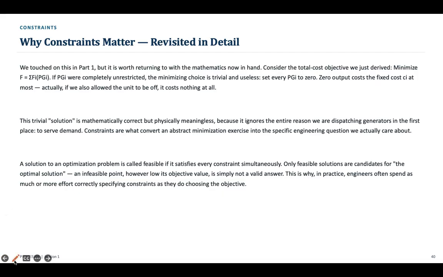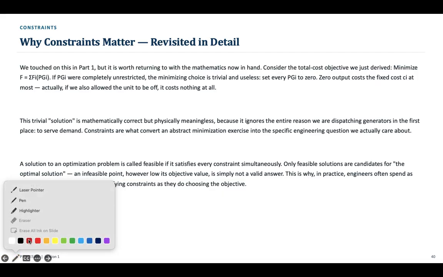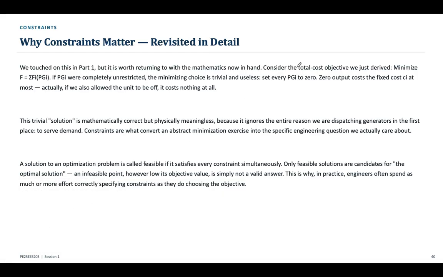Okay, I'll just take this pen. You can see here, the total cost objective we just derived. This is what we have, right? If PGi were completely unrestricted, the minimizing choice is trivial and useless, right?